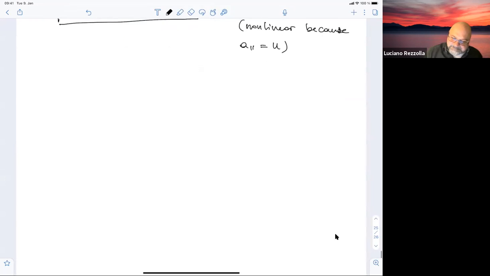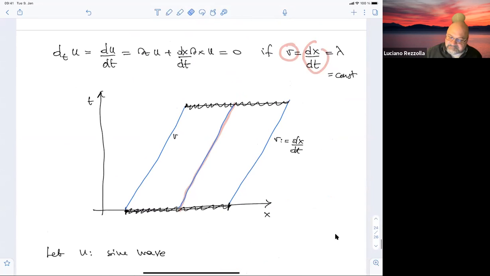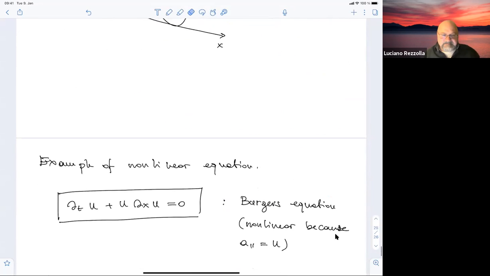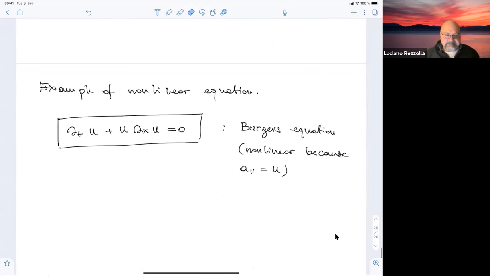Well, they are the following. Let's take again this expression over here, the conservation, and let's take the variation.